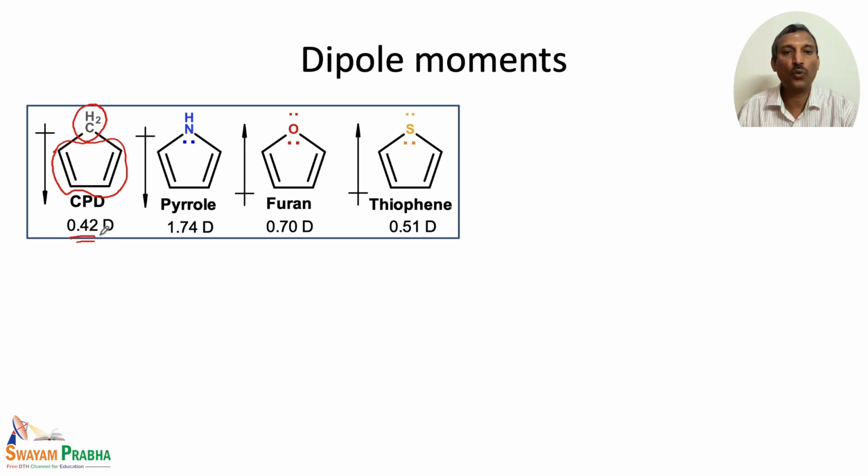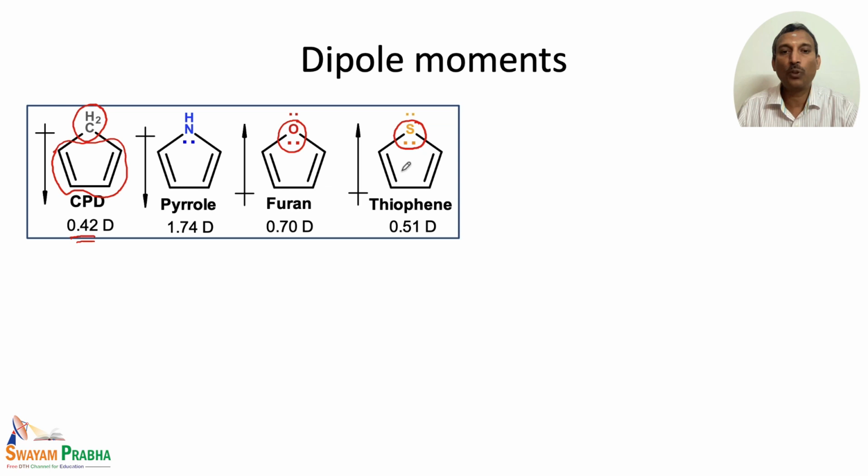So that is the reason the dipole is pointing towards the ring, and the value is going to be 0.42. And when we look at the heteroatoms, we know the heteroatoms are actually electron withdrawing in nature. So that means they are more electronegative compared to carbon atom. So they generally pull the electron towards itself. So that is the reason if you look at oxygen and sulfur, the dipole is pointing towards the heteroatom because they are much more electronegative or pulling electron towards itself compared to carbon atom.